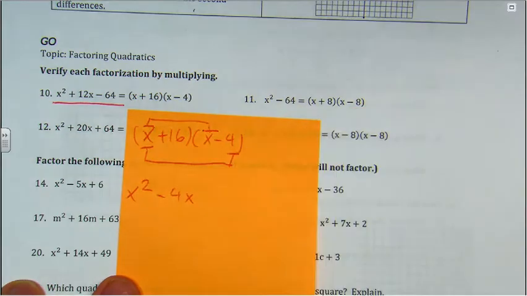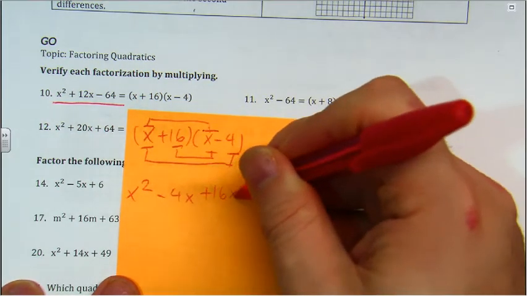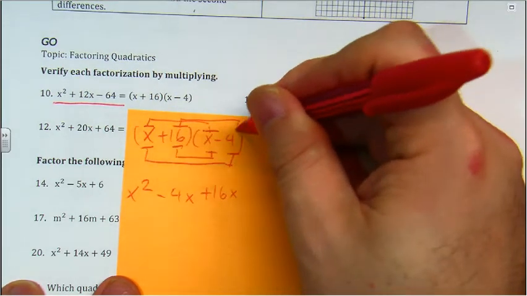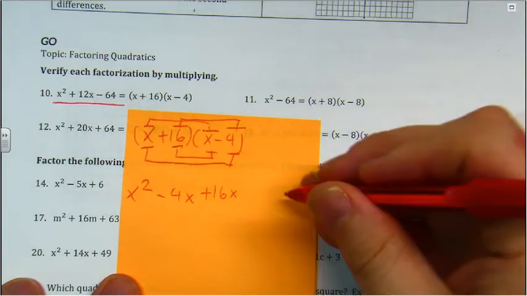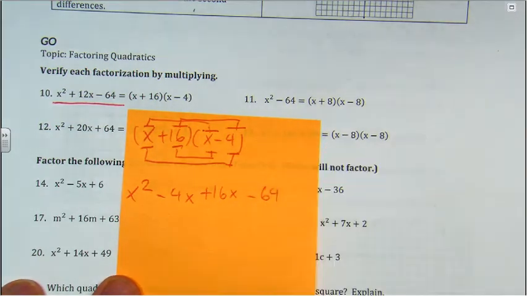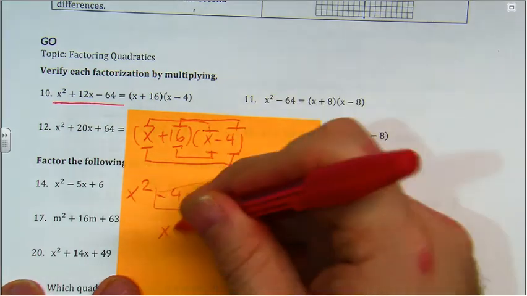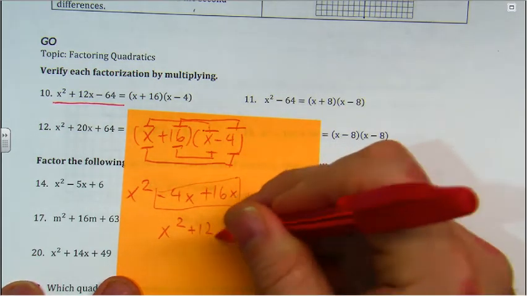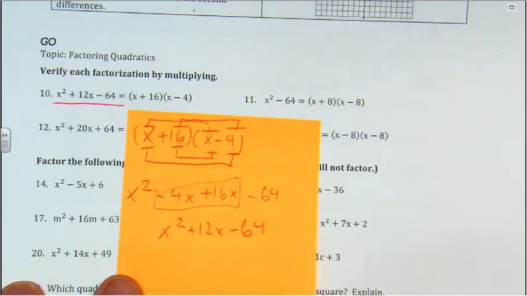I will do the inner terms, plus 16x. And I will do the last terms. 16 times negative 4 is going to be a negative 64. Okay. Combine my middle terms, x squared plus 12x minus 64. And is that what I had? It is. I verified it.